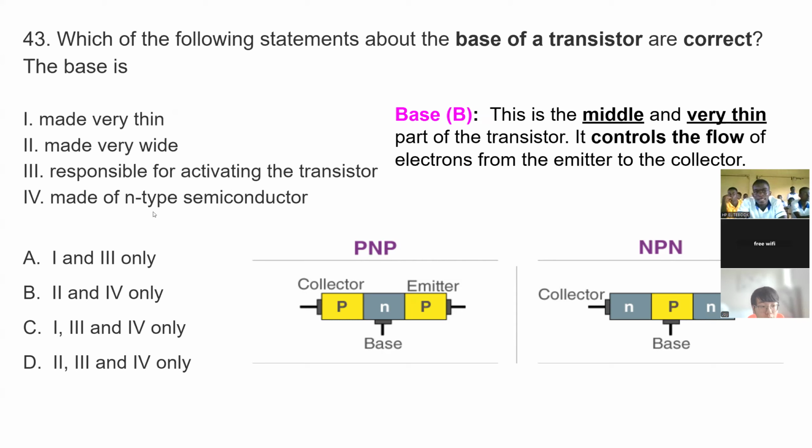Or four, made of N-type semiconductor? So the base is very thin. So one is correct. It's not wide, so we can cross out two, right? Middle and very thin.